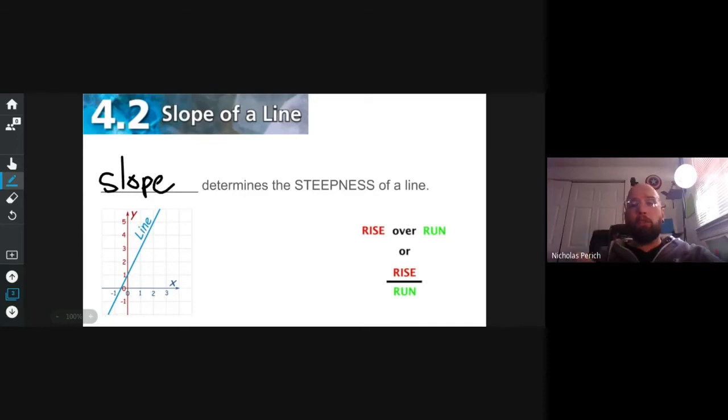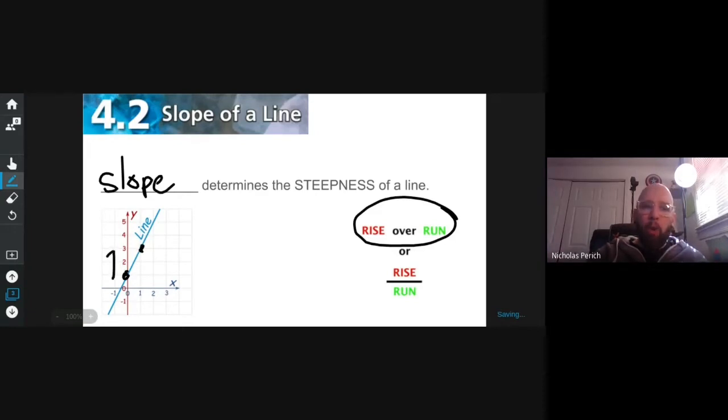Slope is given to us by rise over run. Rise means if I have a dot here and a dot here, how high do I have to go up to get to that one dot, and how much do I have to run to get to the next dot? The larger the number, the more steps you have to move up in order to get over.